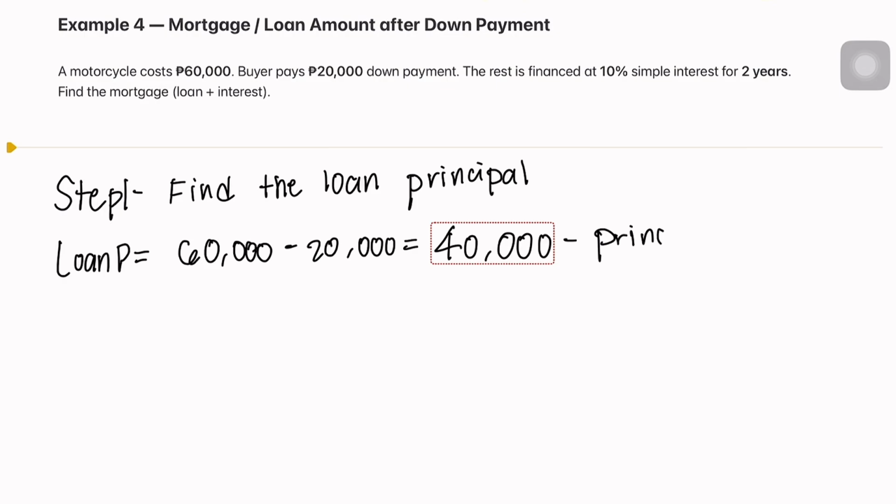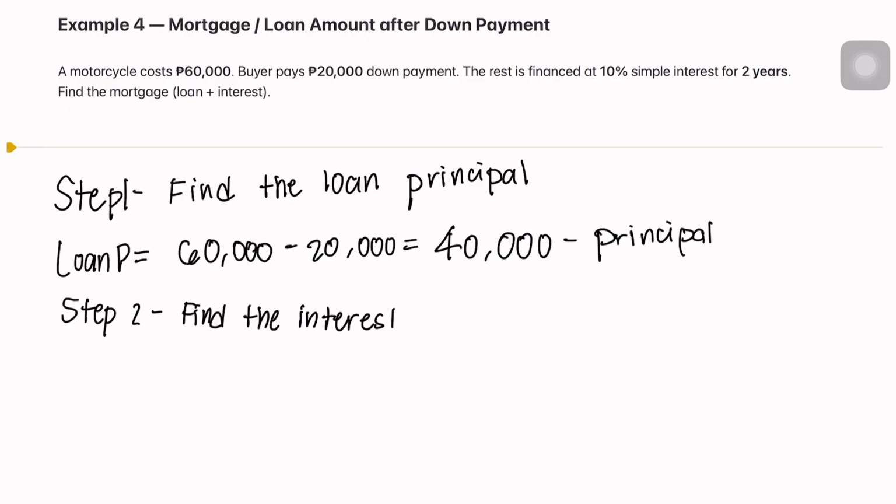Then, let's proceed to our step 2. Our step 2 is finding the interest. So, the formula here is I is equal to P times R times T.